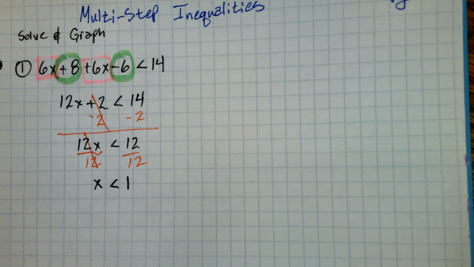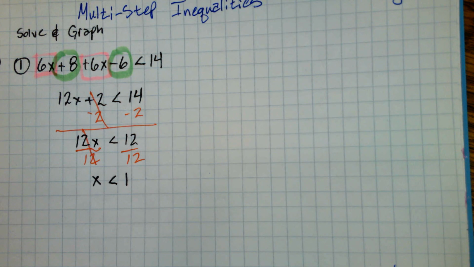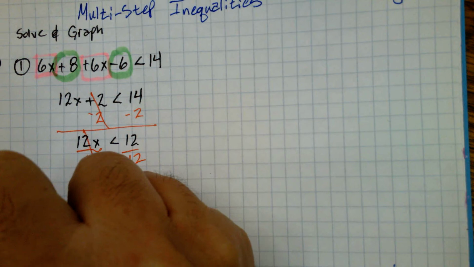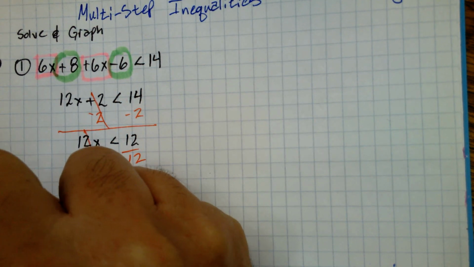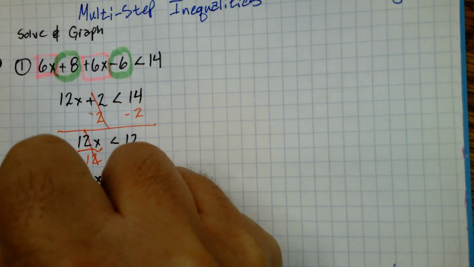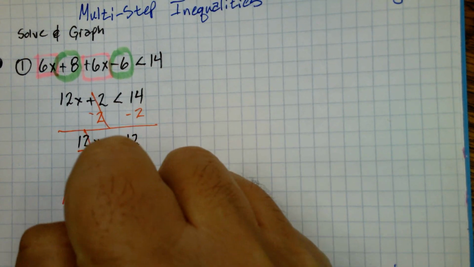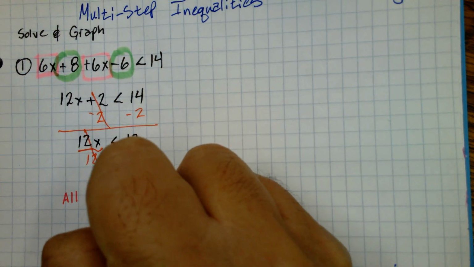Okay. So it's all real numbers less than 1. Notice how I said that. All real numbers less than 1. That's one of the things I want you to understand: if you were to have to explain this to someone, you can also say all real numbers less than 1 in this case.